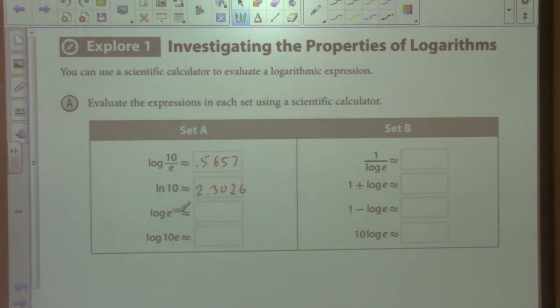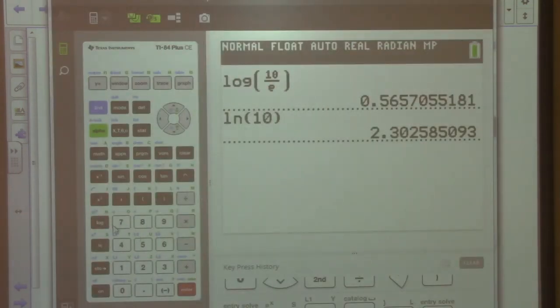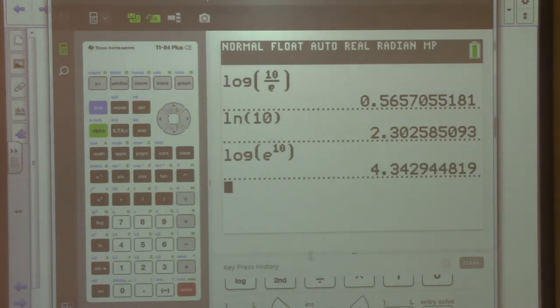And then we have log of e to the 10th power. So you go here and put log of e to the power of 10. We get 4.3429.